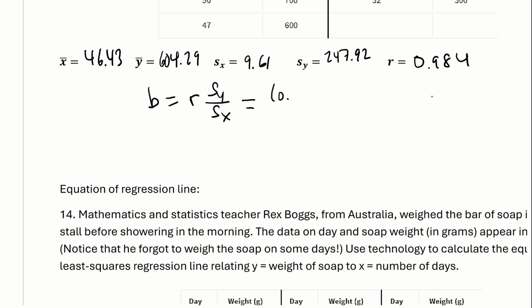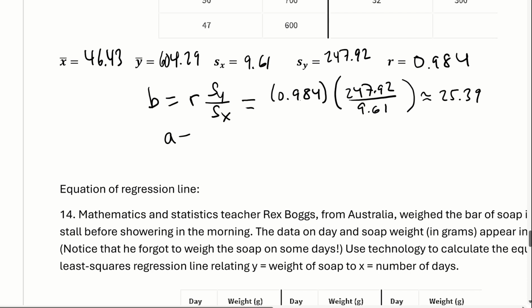So we get R is 0.984 times SY is 247.92 divided by 9.61. So you multiply those two numbers here and then divide by 9.61. So you get 25.39.